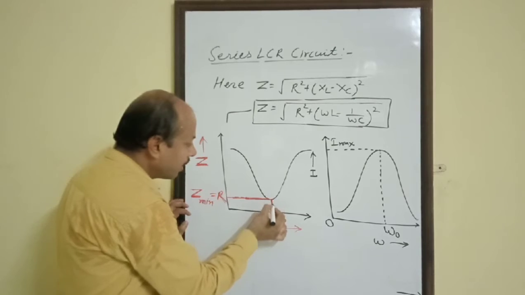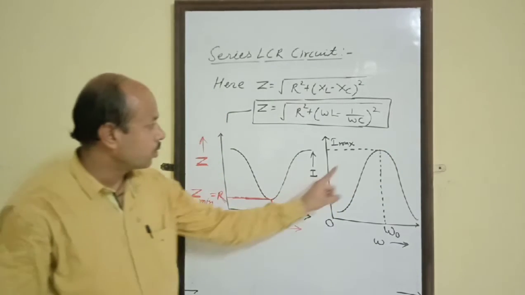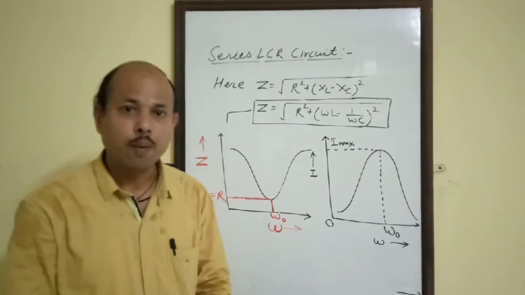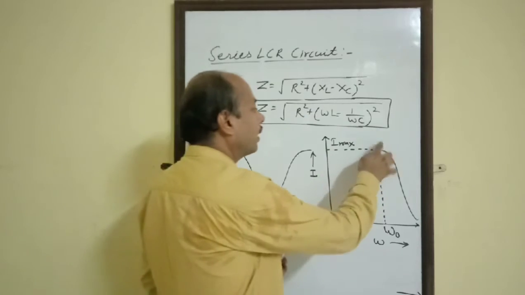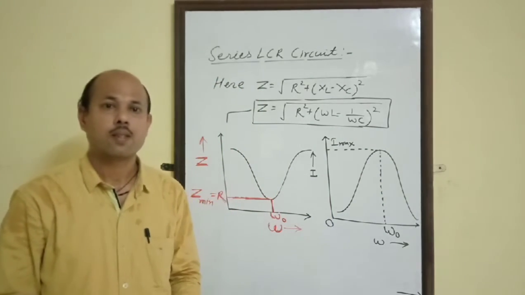Now let us focus on this situation only. At this point, impedance is minimum, therefore current is maximum. This situation is known as resonance.